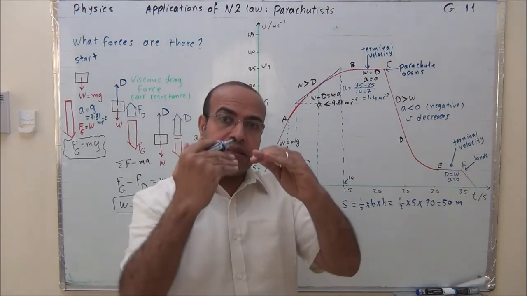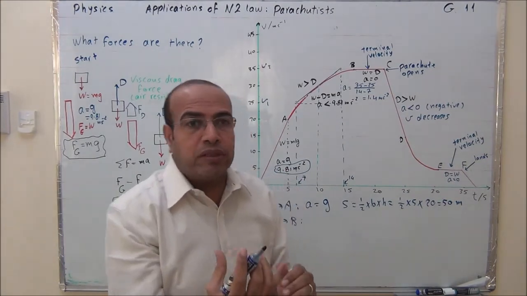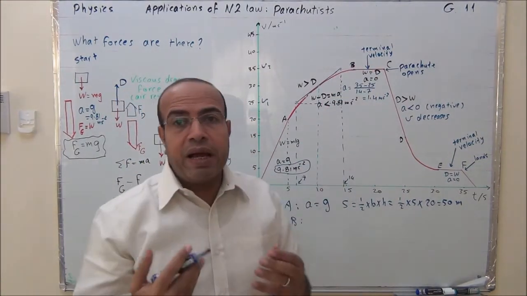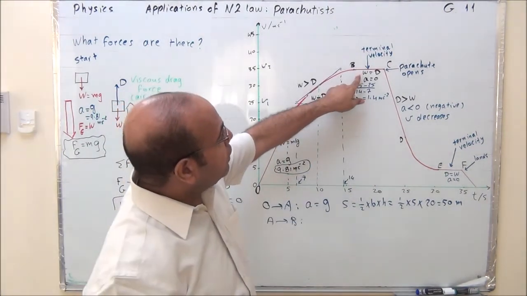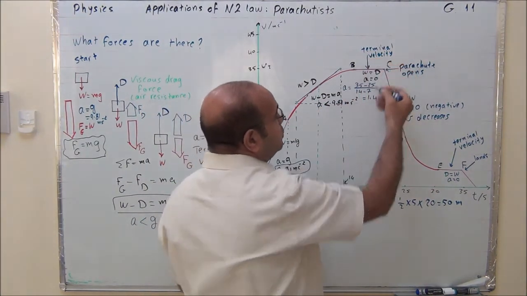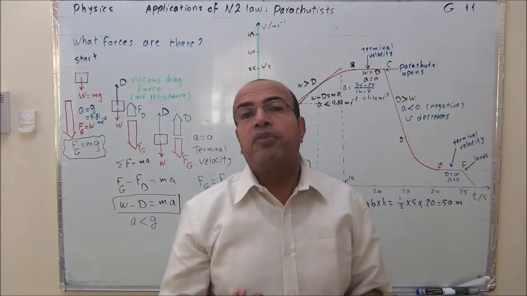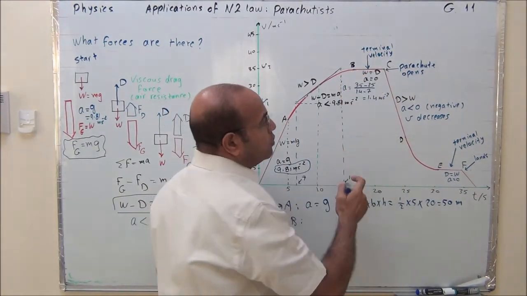Because the air resistance, the viscous drag force, increases, but the weight is still constant. Then at point B, the acceleration is 0 because the weight equals the drag force. In this interval from B to C, the skydiver is moving with terminal velocity, so the acceleration equals 0.